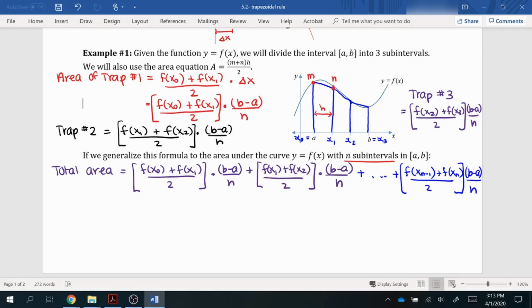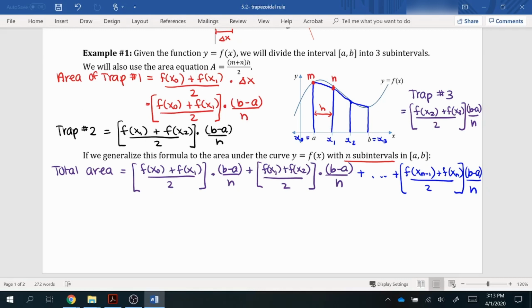Now what we can do here is factor out a b minus a over n, or a delta x. We could also factor out a 1 over 2 if we wanted to. And if we take a look at this, we end up with 2 of every f term except for the first and the last term.